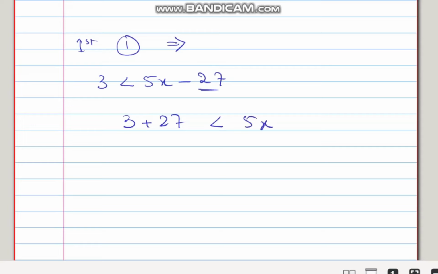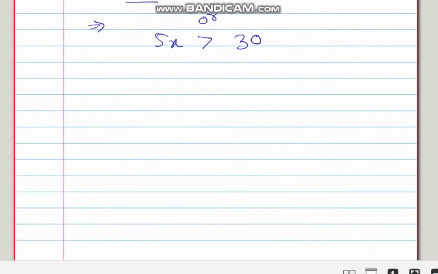What is the meaning of this inequality? Minus 5x is greater than, because this sign is open toward the 5x, and it is greater than this thing. So I'm just writing like this. So what is 3 plus 27? 3 plus 27 is 30. I'm writing directly. And now just divide by 5 on both sides.